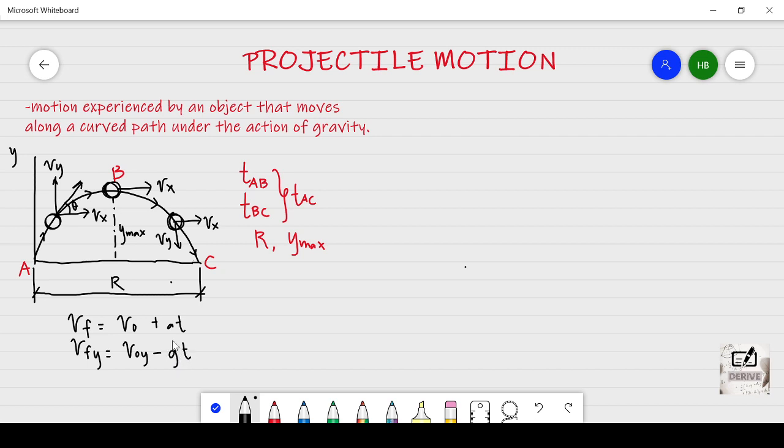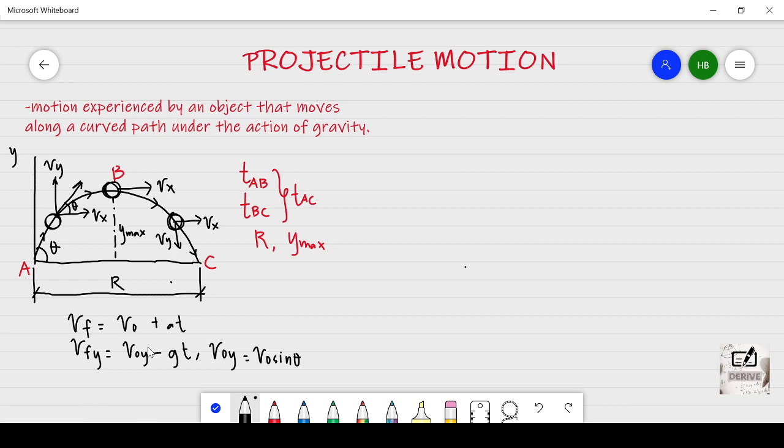That's our consideration way back on the first video, because your acceleration for the vertical motion is of course the acceleration due to gravity. And your VOy is of course your VO sine theta. Sorry for my handwriting. Oh, I forgot to write a theta here. Yeah, the theta is here.